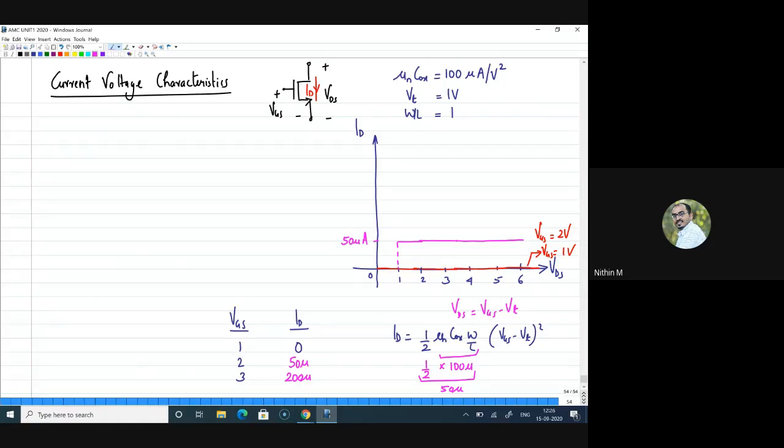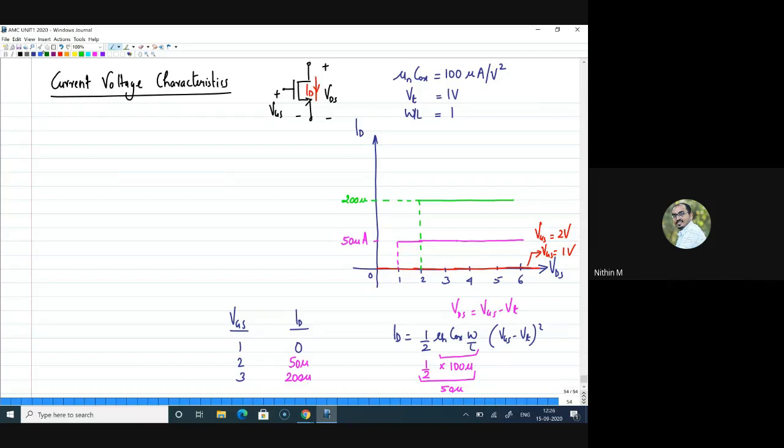Now your VGS is 3, 3 minus 1 is 2. So from VDS equal to 2 onwards, you will get a current, going through 50, 100, 150, 200. This is my 200 microamps. Are you getting it? I have just marked the saturation current.